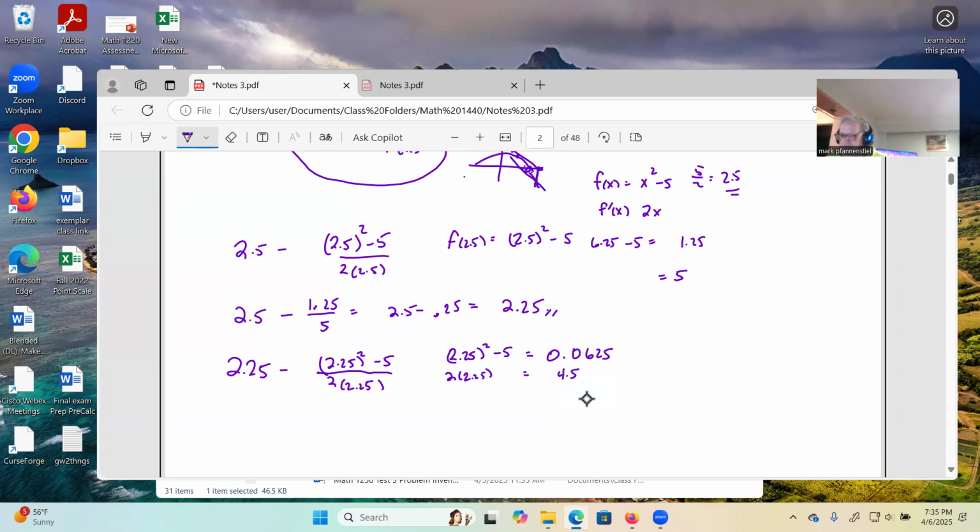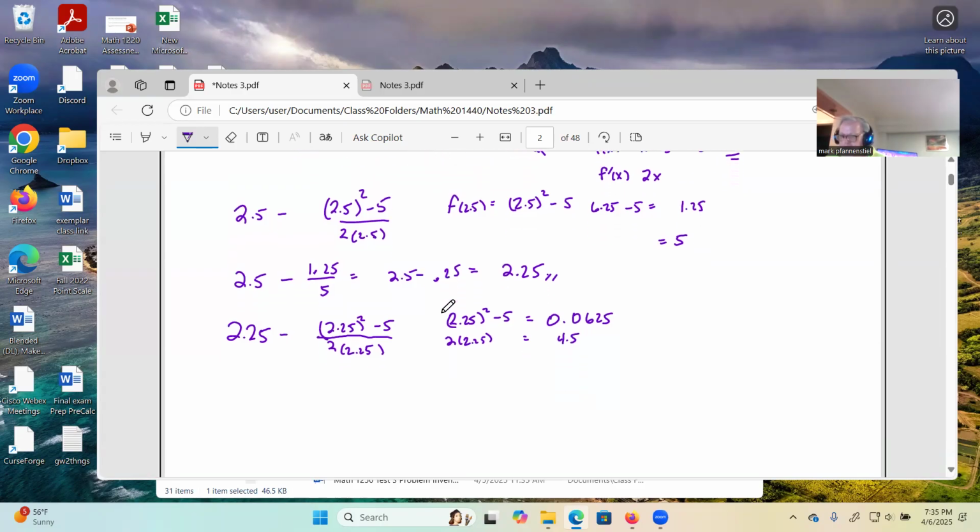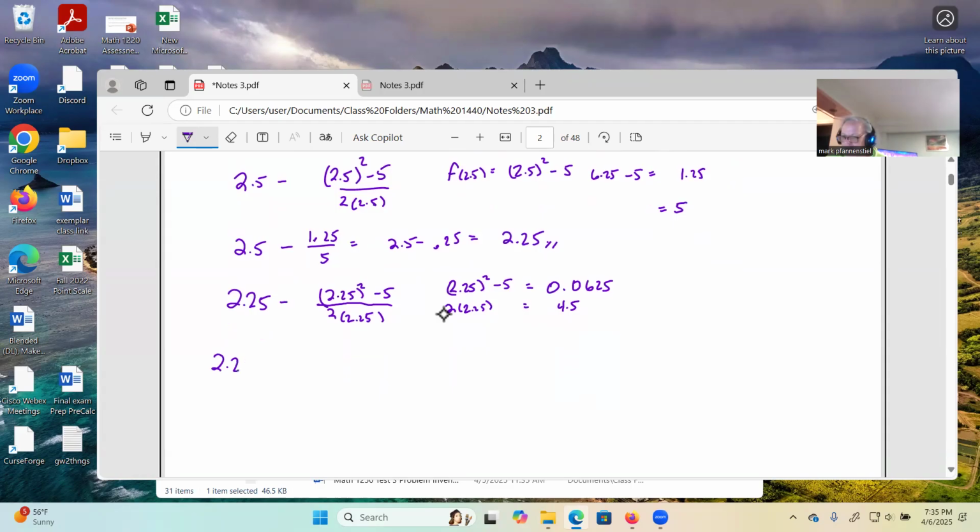For my 2 times 2.25, we ended up with 4.5. So my next step is we're going to do 2.25 minus 0.0625 divided by 4.5. If I go through and do all of this arithmetic, I end up with 2.25 minus 0.013888889.